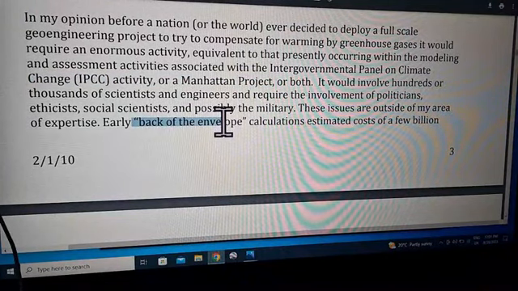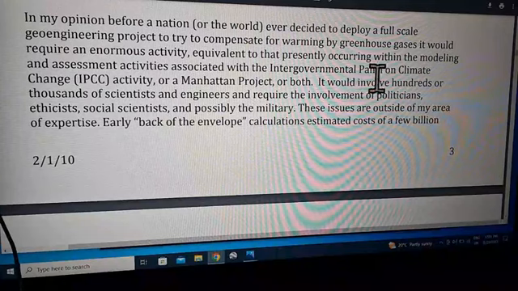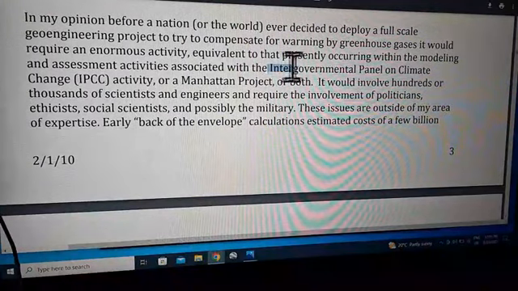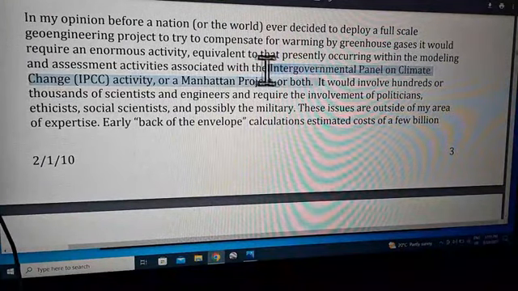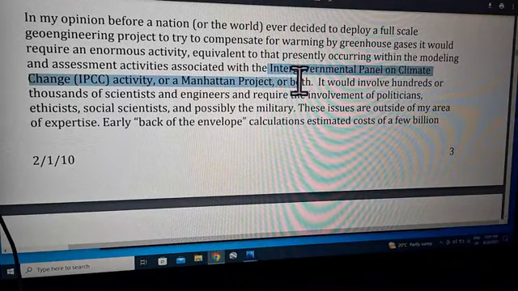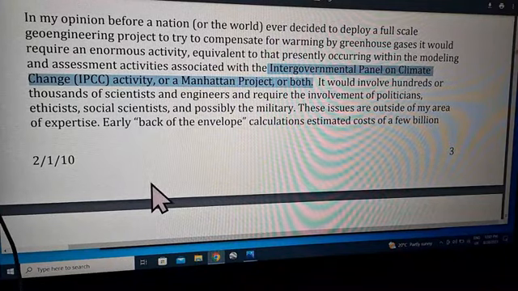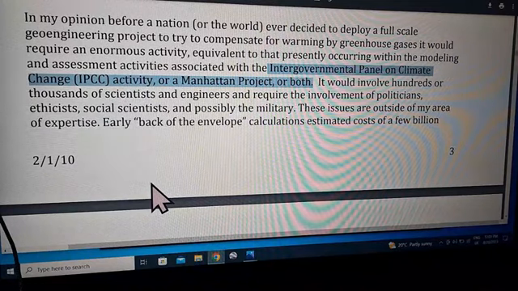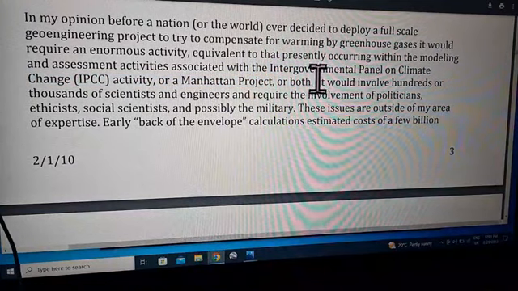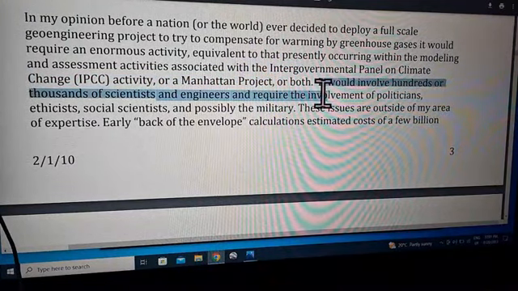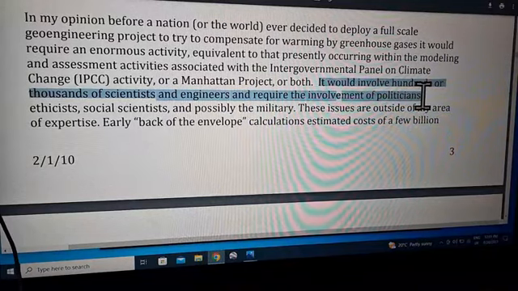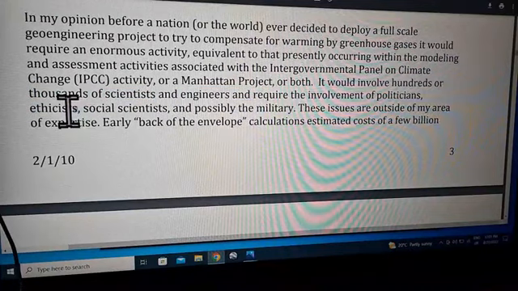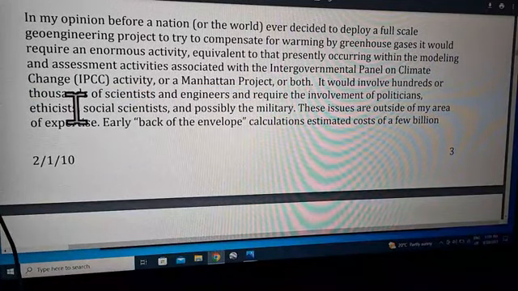I'll tell you some of the wording they use in these. This one always bothered me. Intergovernmental Panel on Climate Change Activity, or a Manhattan Project, or both. It would involve hundreds or thousands of scientists and engineers, require involvement of politicians, ethicists. Who the hell are the ethicists?